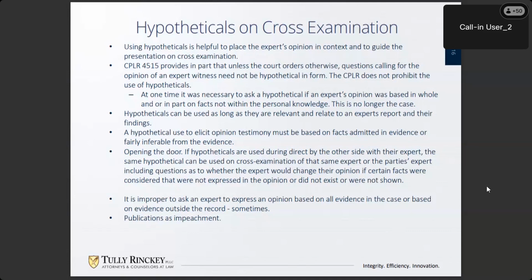Bannister versus Marquis, the trial court should have prohibited defendant from questioning plaintiff's expert witness using a hypothetical, as a hypothetical is not based on facts supported by the evidence, nor from facts fairly inferable from the evidence. And in Federal versus Port of New York Authority, that was a negligence breach of warranty case.